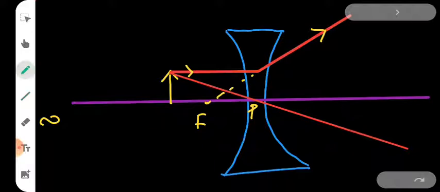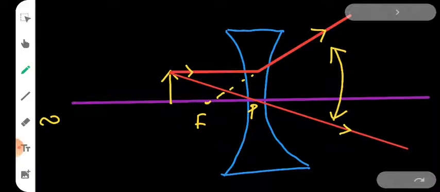So there is your second ray. It's quite obvious that these two rays will never converge in real life. In the real world, they are never going to converge.